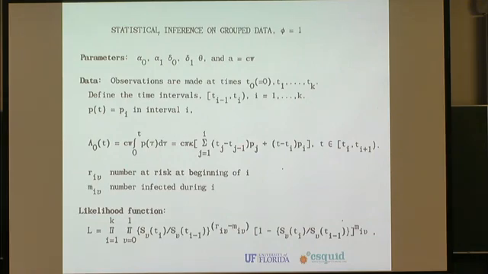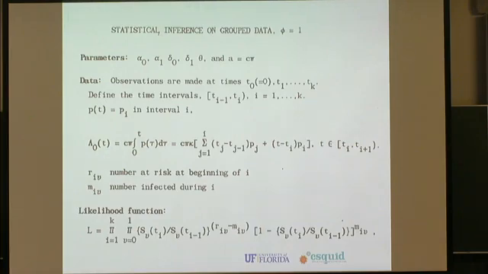What we observe in each interval are the number of people at risk at the beginning of each interval among the vaccinated and unvaccinated, and the number infected during each of those intervals. And it's straightforward to write the likelihood down and estimate the parameters. We've done this in quite a few cases, but I'm not going to talk about inference today, so I'm not going to go through those.